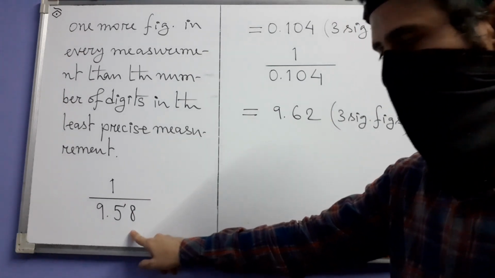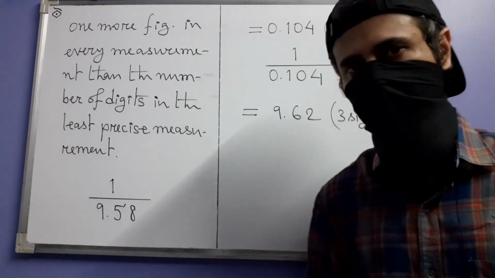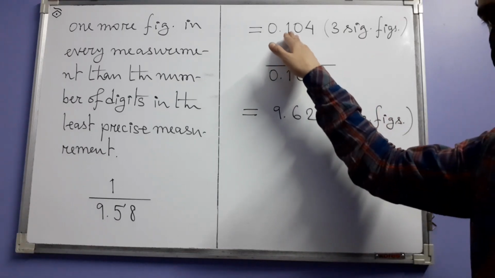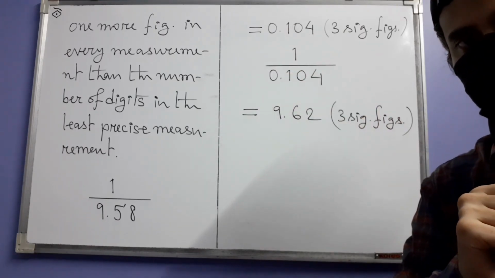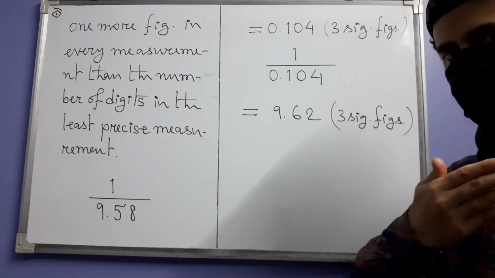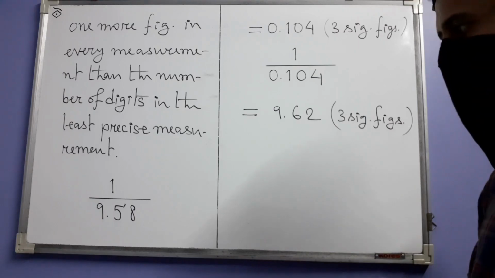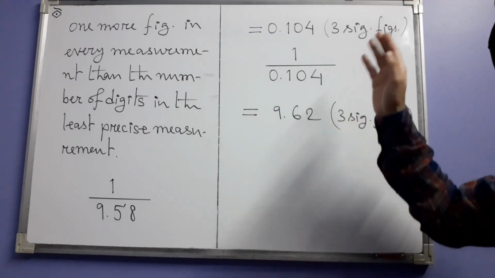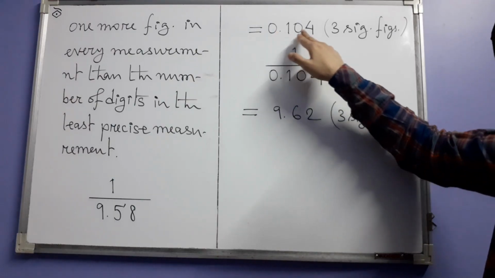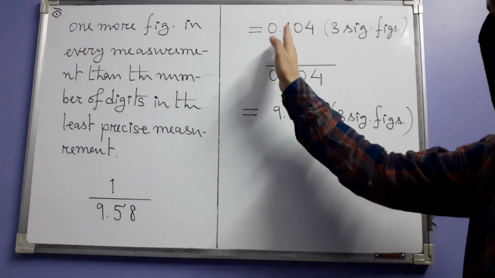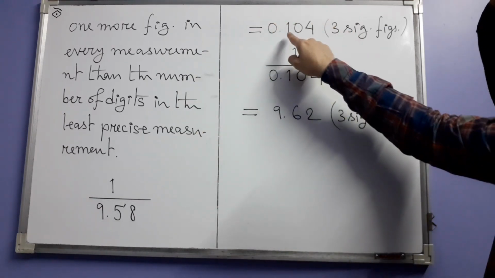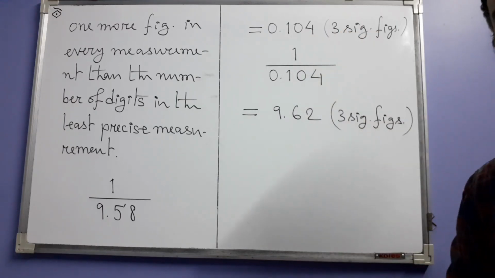We are calculating first the reciprocal of it, keeping in mind that our answer, whatever we write here, should also have 3 significant figures. So the actual division will likely give us many digits after the decimal point, not just 2 digits, but from that we round off and do all the other things, and ultimately we get this value. This 0, of course, which is before the decimal point, is not significant. So here also we have 3 significant figures.